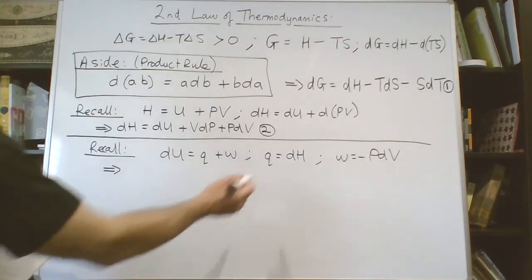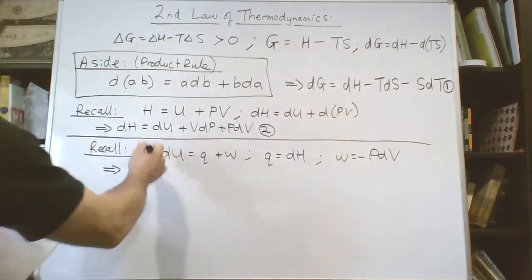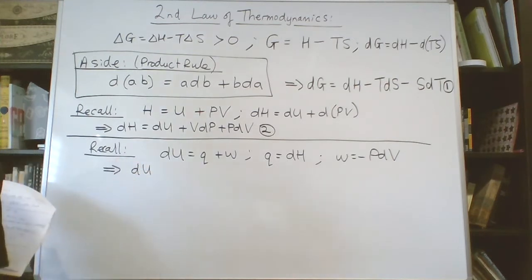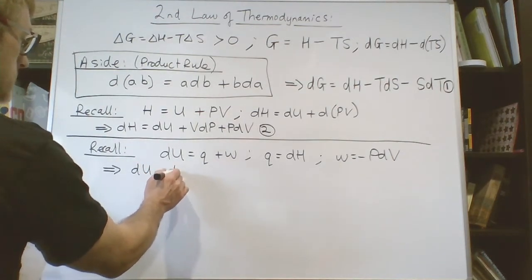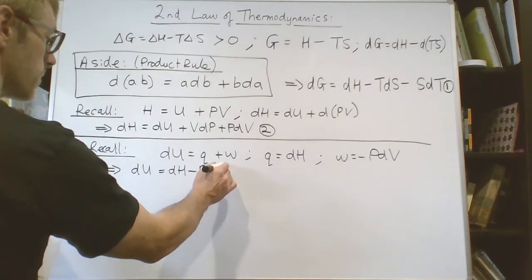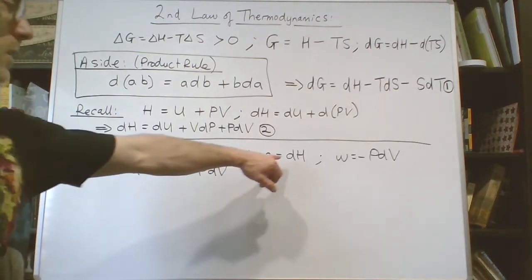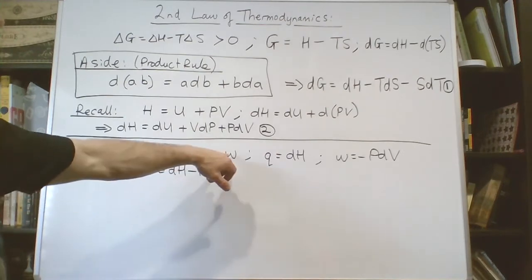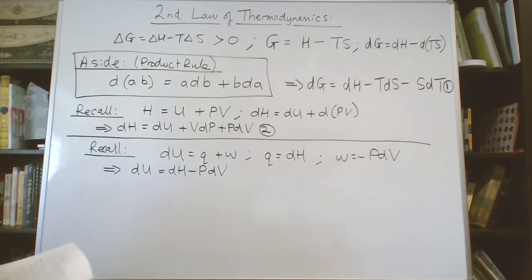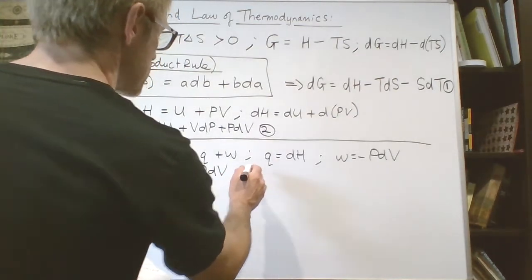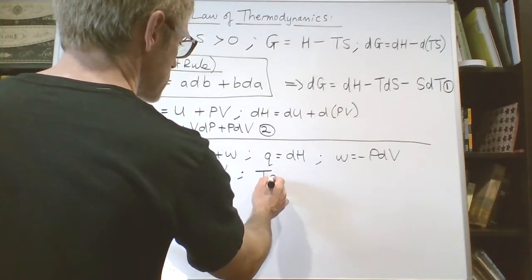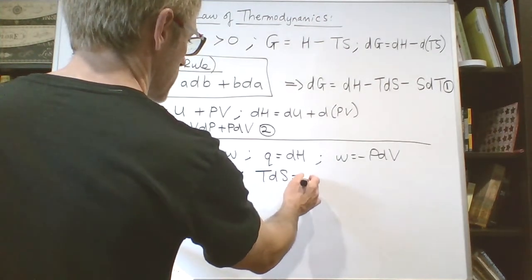Okay, so again, we're just going to insert these variables into this equation. So we can write the change in internal energy is dH minus PdV. Q is dH, so it goes in here. Work is minus PdV, so it goes in here. And we're also going to make another statement, and that is that TdS is dH.